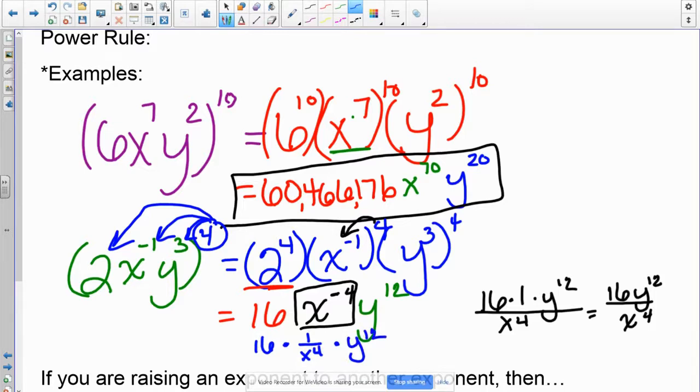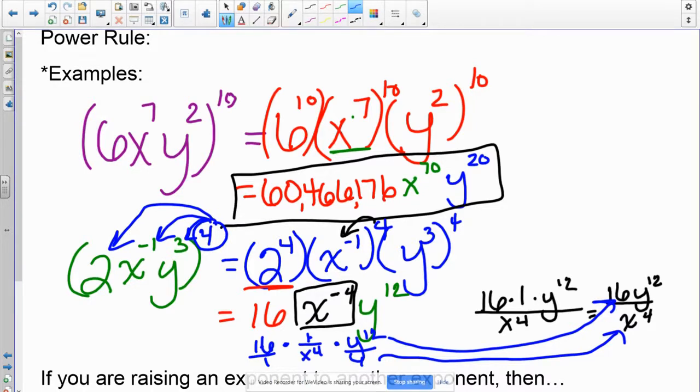And notice that if I want to write these as fractions and you're multiplying fractions, on the top you're going to take 16 times 1 times y to the 12th, which is where I got that value. And 1 times x to the 4th times 1 again is where I got x to the 4th. So just a reminder from the first video of what to do if there is a negative exponent.